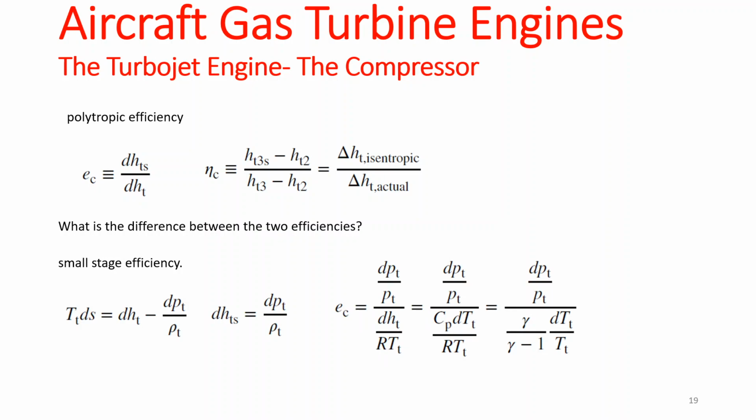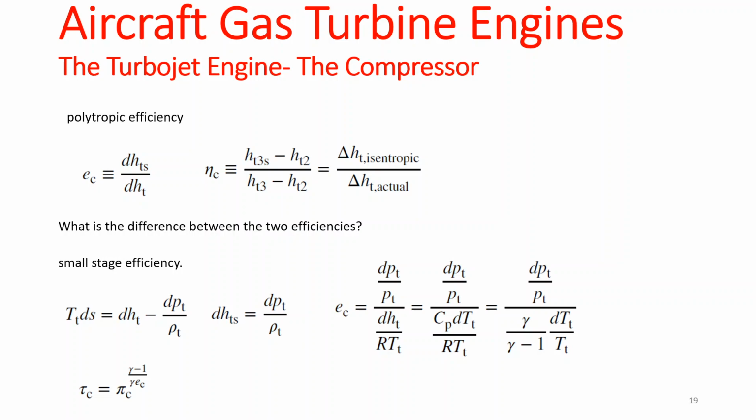But when you come up with this definition for the small stage efficiency, you can rewrite this and take the integral. You don't need to go over that process, but eventually we can relate the temperature ratio to the pressure ratio using the polytropic efficiency.